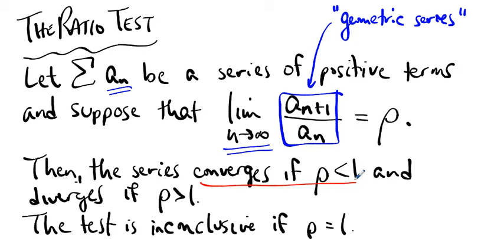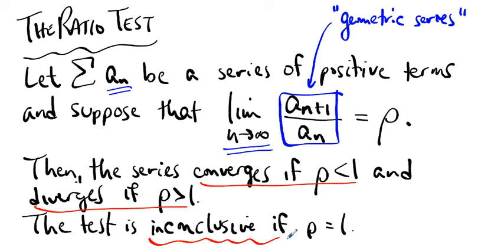And you converge if the ratio is less than 1, if the terms are getting smaller in a geometric way. The series diverges if rho is greater than 1, because for this to happen, the n plus 1th term has to be bigger than the nth term in general as we get out there.